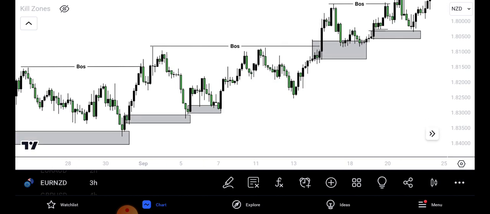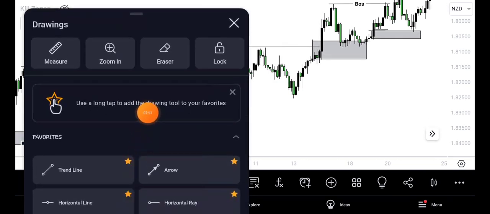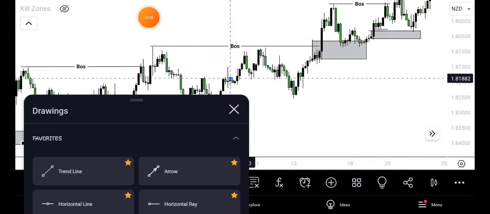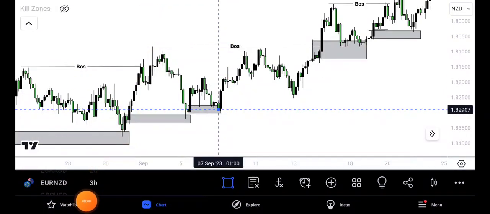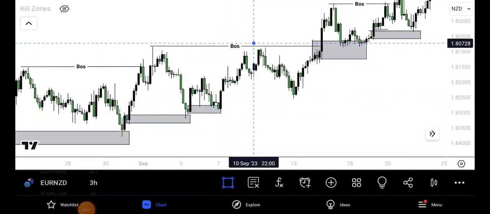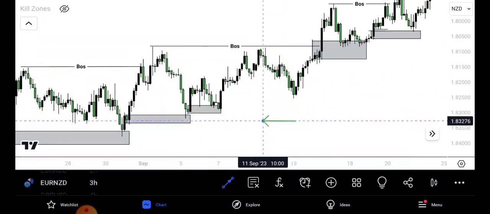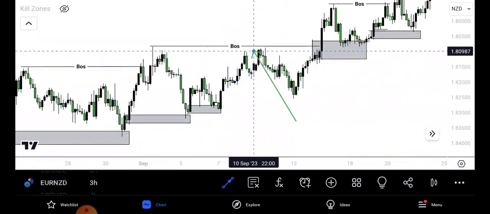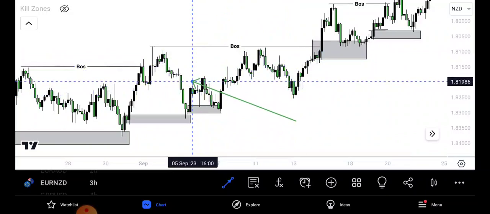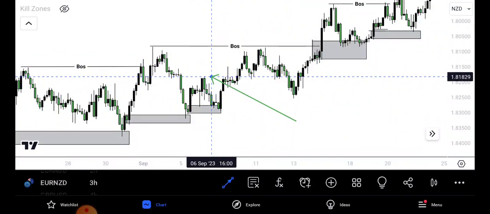So also you can note another order block here. This market pushed up, right? The market from this zone pushed up, and it also broke this minimum structure here.